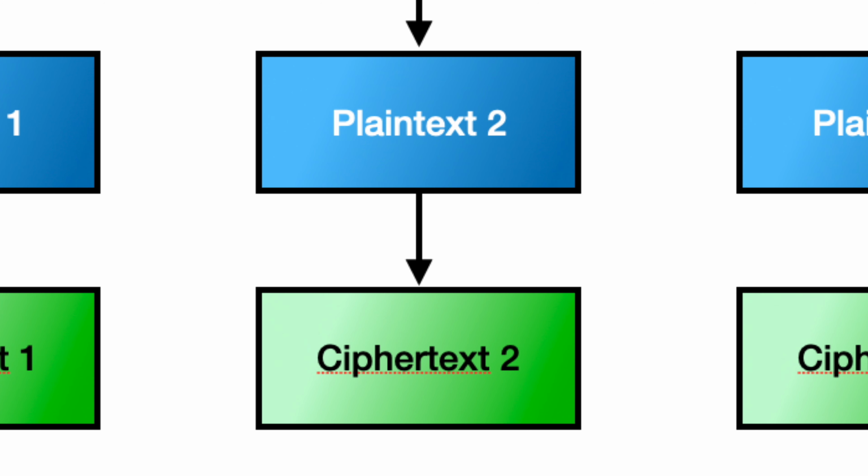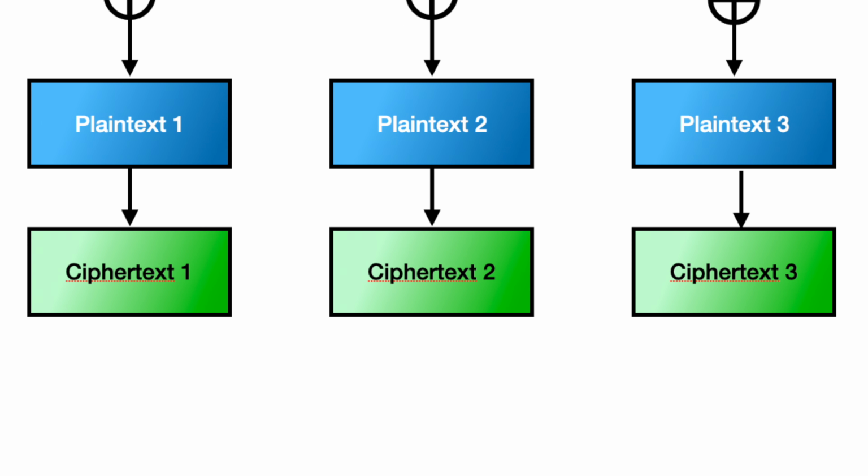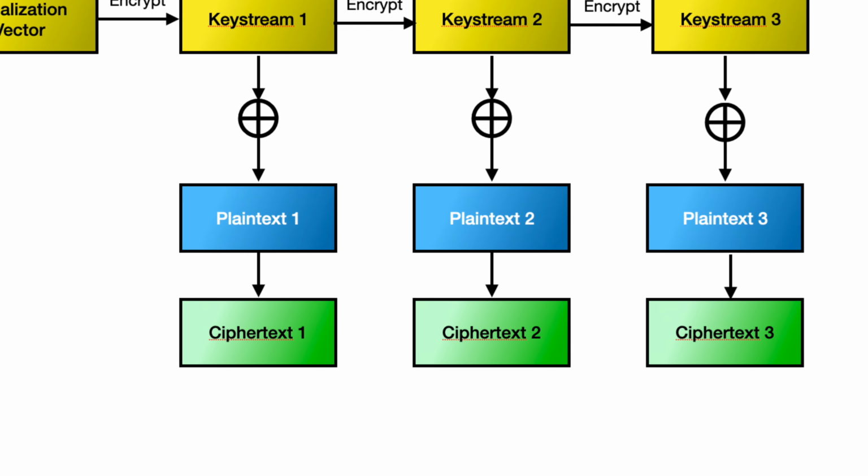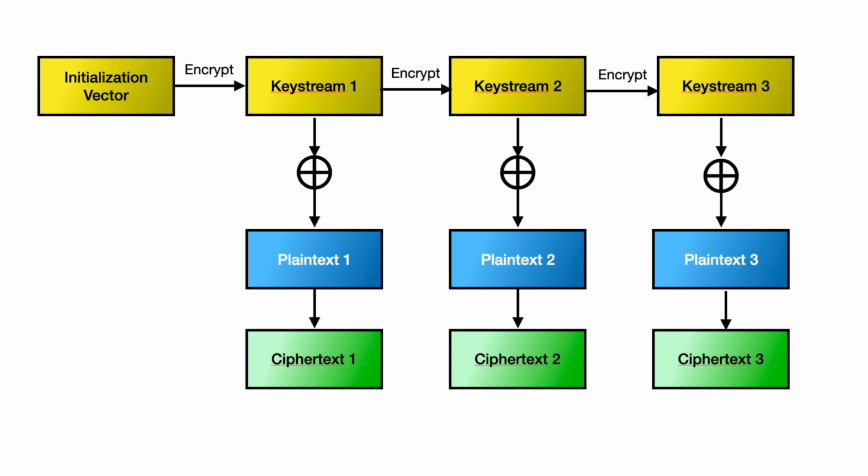The same process is repeated and we get ciphertext 1, ciphertext 2, ciphertext 3 for plaintext 1, plaintext 2 and plaintext 3. So this is a complete diagram of output feedback mode.